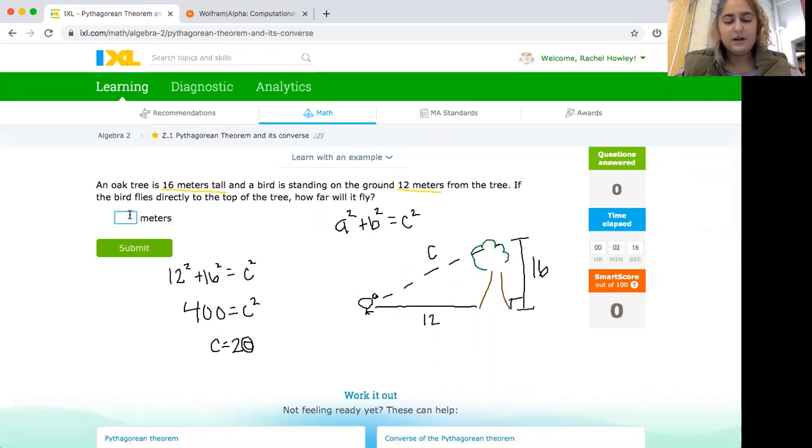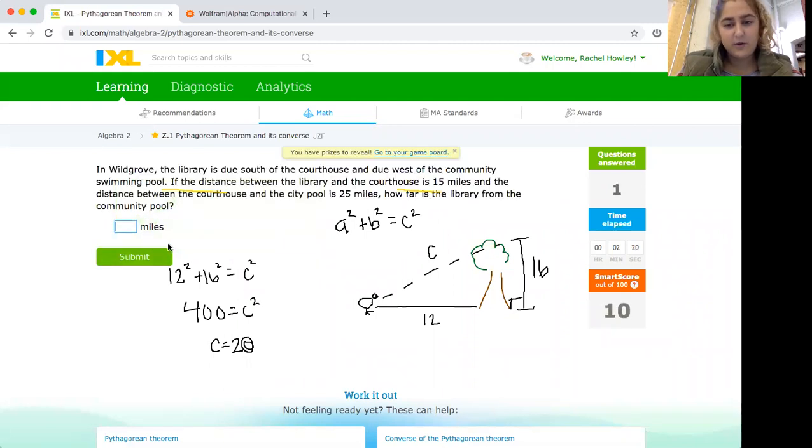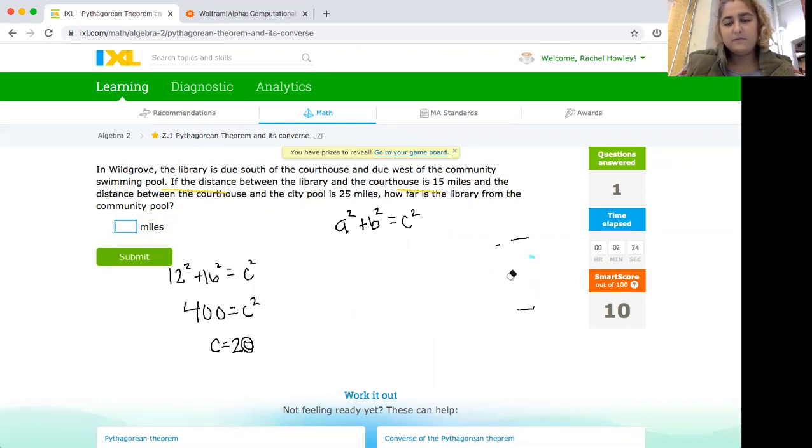So I go in here and I enter 20 meters. I press submit, and it gives me the next problem. For the next problem, in Wild Grove, the library is due south of the courthouse and due west of the community swimming pool.